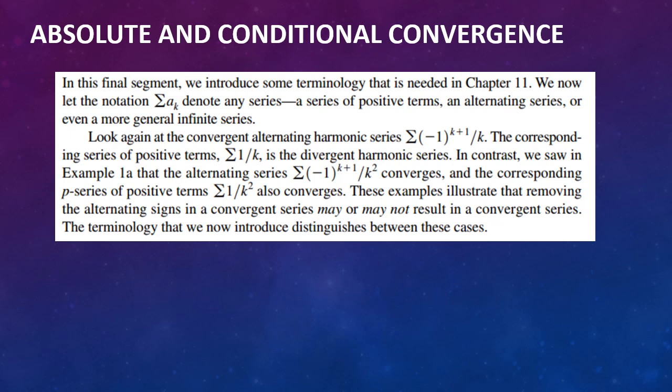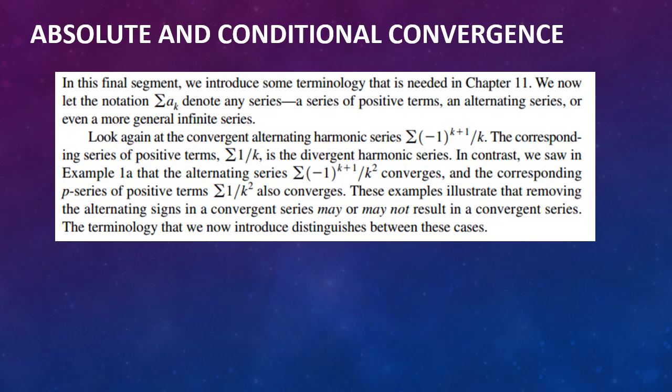We now let the notation the summation sigma a sub k denote any series, a series of positive terms, an alternating series, or even a more general infinite series. Look again at the convergent alternating harmonic series, -1 to the k plus 1 over k. The corresponding series of positive terms, the summation of 1 over k, is the divergent harmonic series.